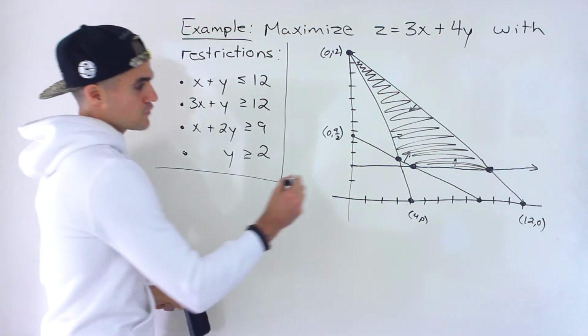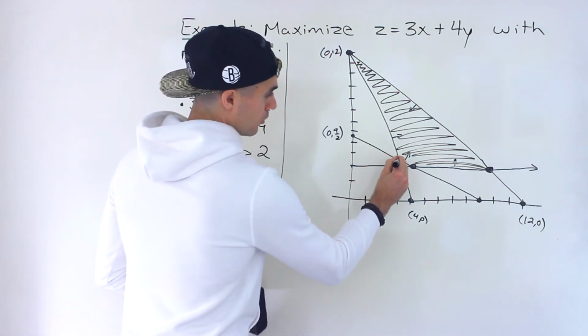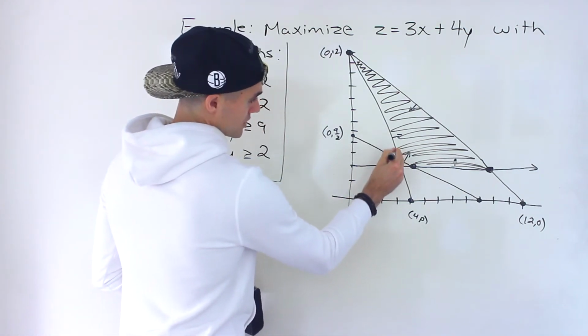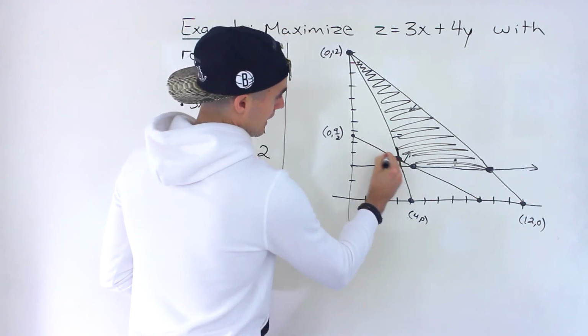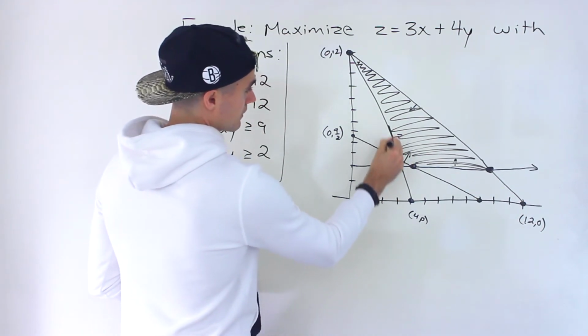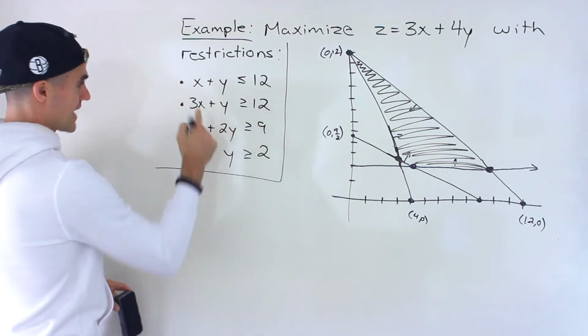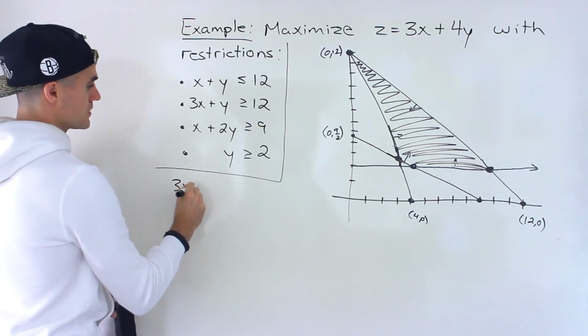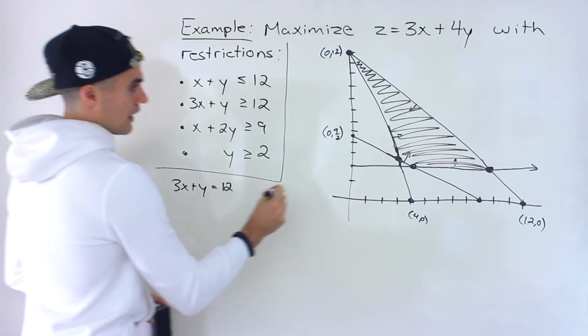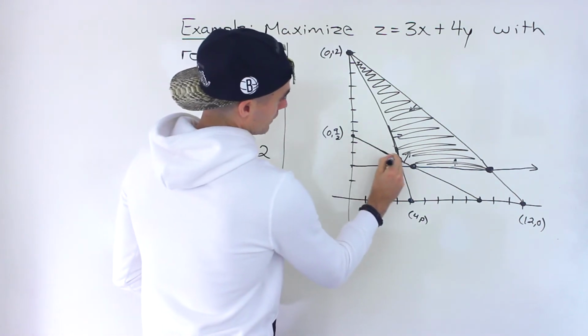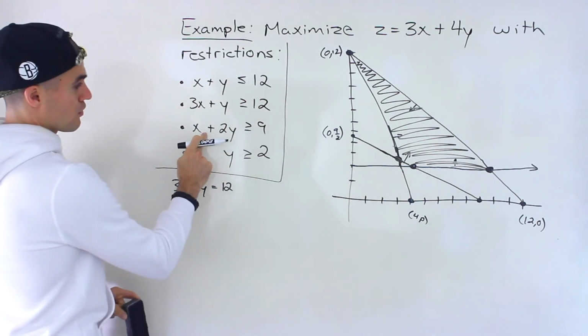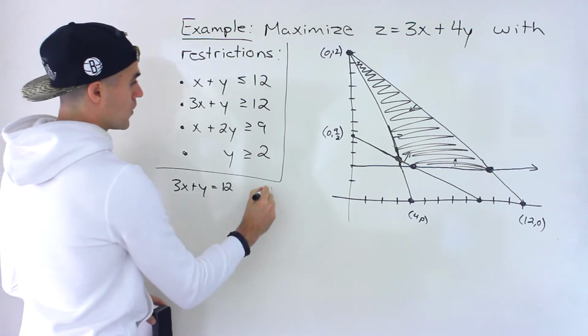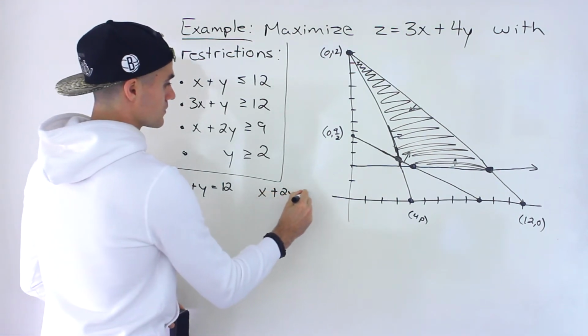So starting with this first point here, let's find what that point is. So notice it's the point of intersection between this line and this line. Now this line here was the second line, 3x plus y is equal to 12. And notice that this line over here was the third line, x plus 2y is equal to 9.